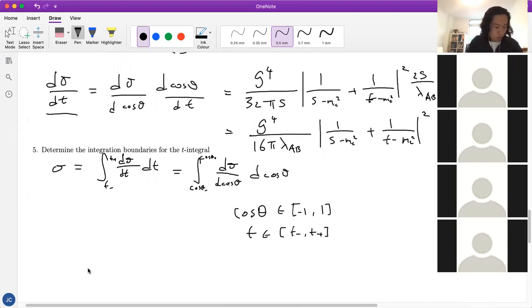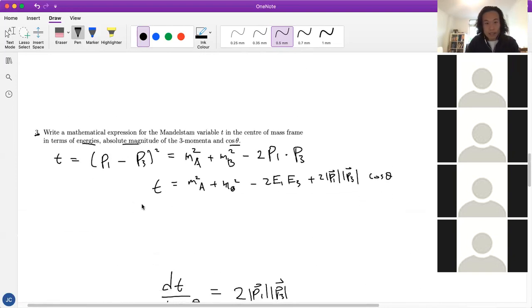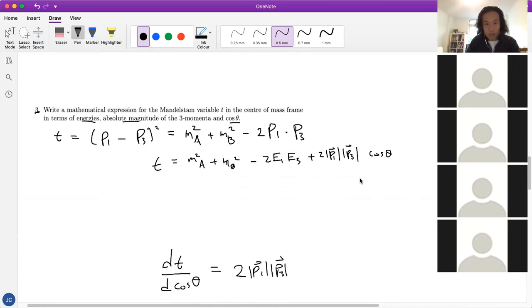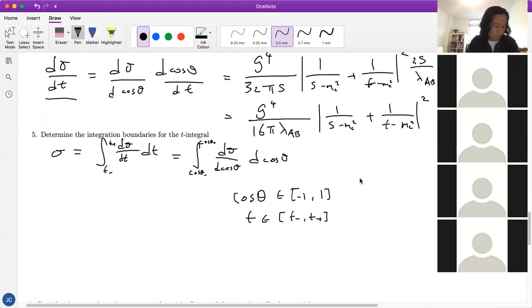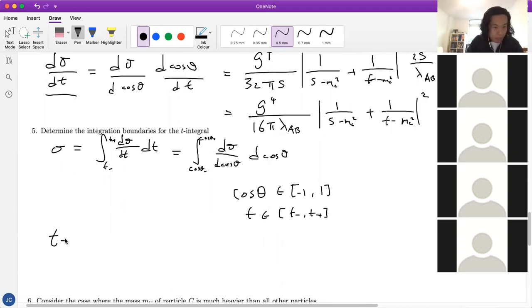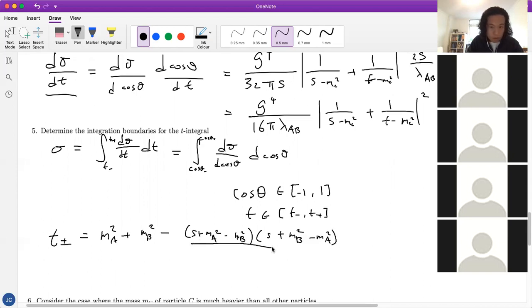Okay, so now taking this expression of t and putting in cos theta equals plus or minus 1, I get that t plus or minus is equal to (ma squared plus mb squared minus s) plus (ma squared minus mb squared)(s plus mb squared minus ma squared) divided by 2s.